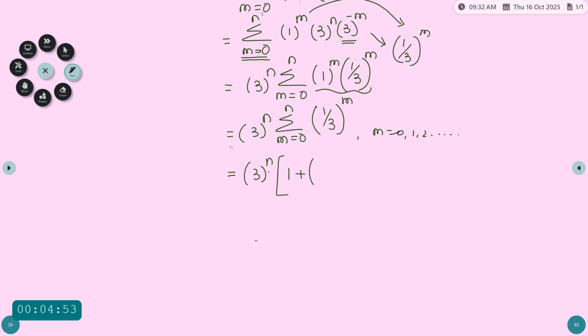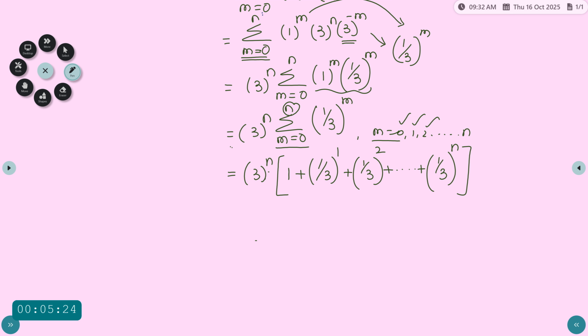Plus the next term, m is 1, so 1 by 3. Plus the next, m equal to 2, 1 by 3 square, plus etc. All of you understand? First I am substituting m is 0, next 1, next 2, and so on up to 1 by 3 power n, because here m varies from 0 to n, so the last value is n.